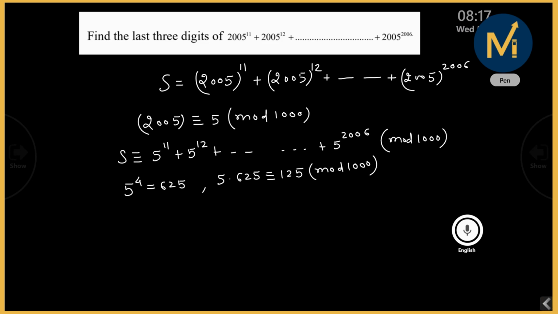Similarly, 5 raised to 6 is congruent to 5 into 125 modulo 1000. That means this is congruent to 625 modulo 1000.